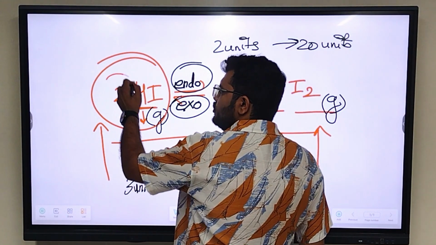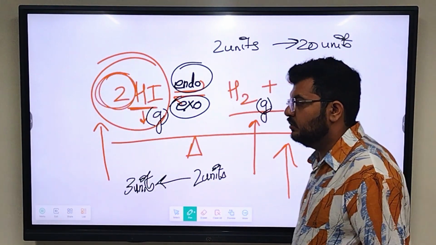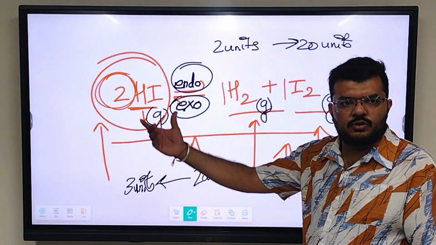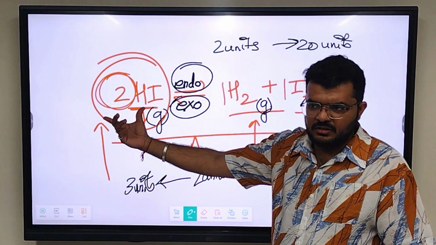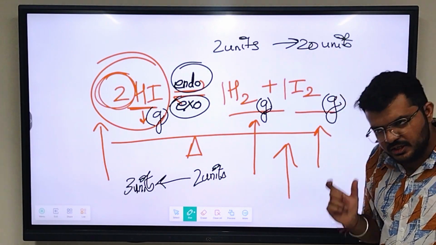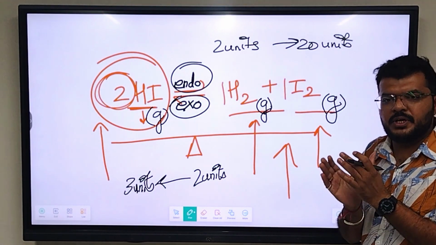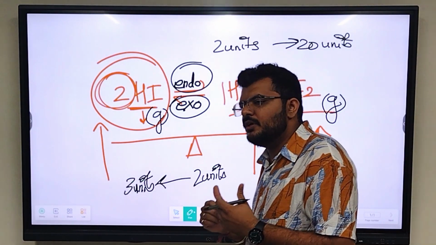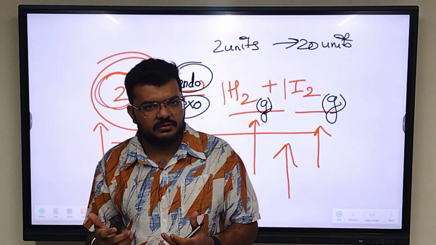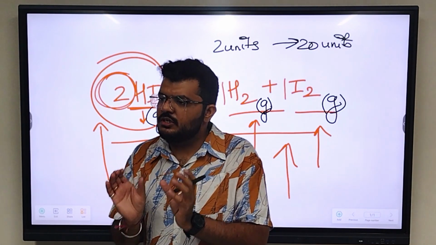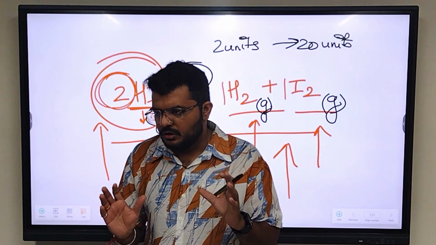How many moles of this thing are there? 2. And here 1 and 1. So there are 2 moles of reactants and 2 moles of product. So here if I change the pressure, nothing will happen. Why? Because equilibrium is unable to decrease pressure. Nothing will happen. The position of equilibrium will not change.